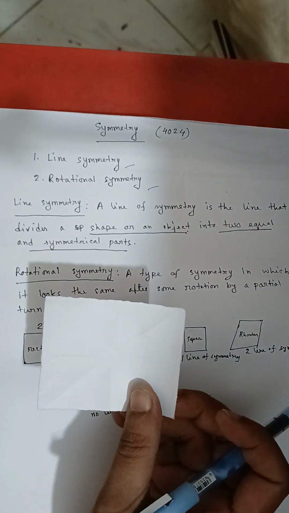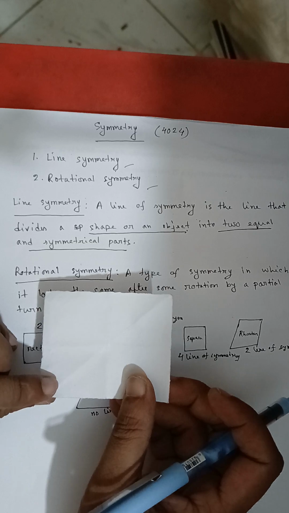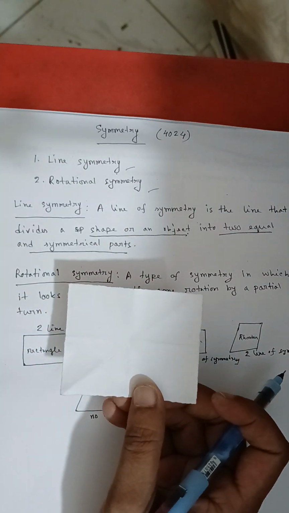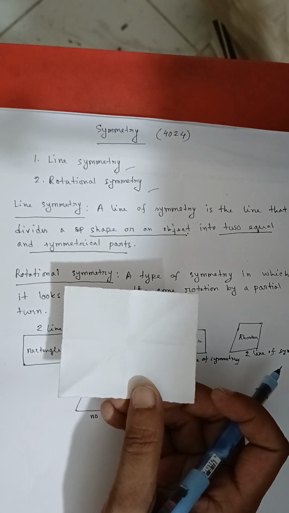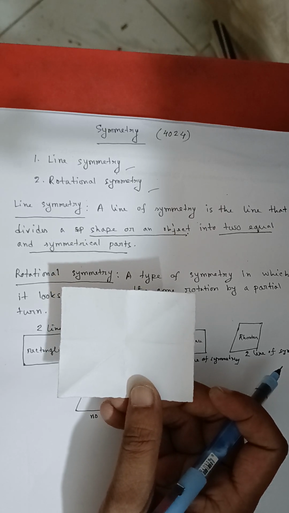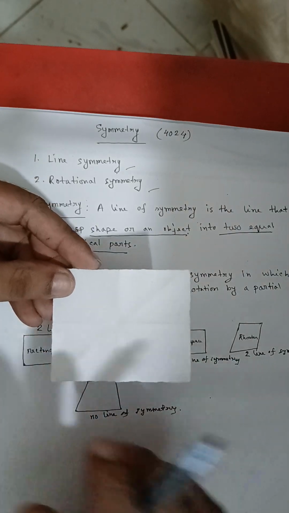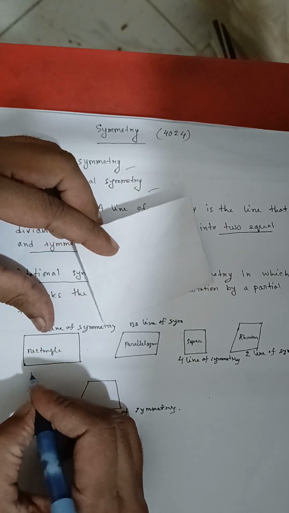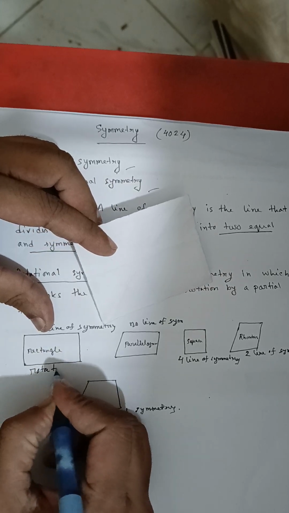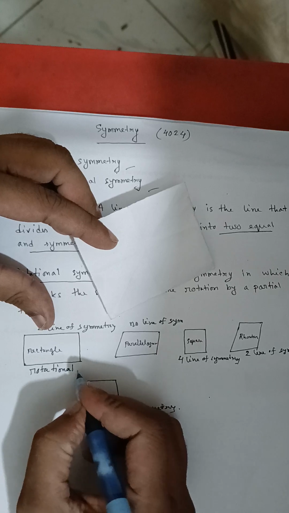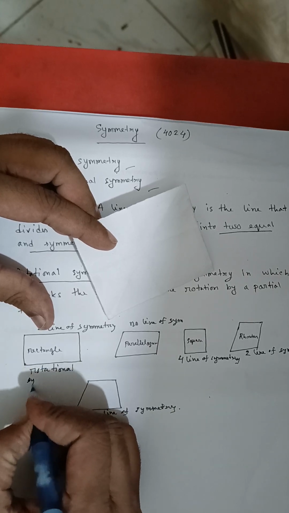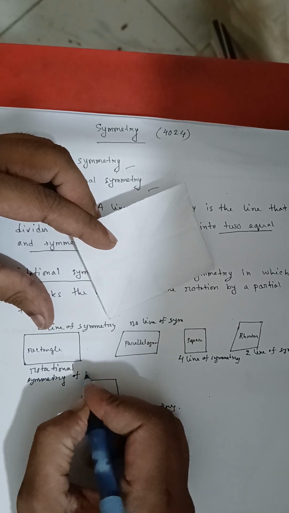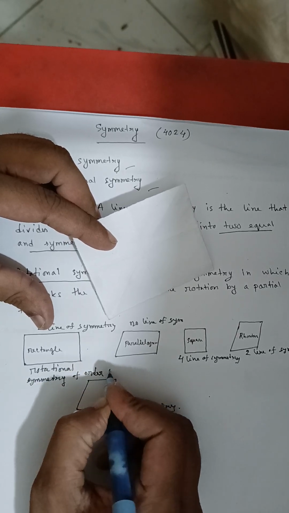If I rotate this one, I will get the same shape, isn't it? So I can say it has rotational symmetry of order 2.